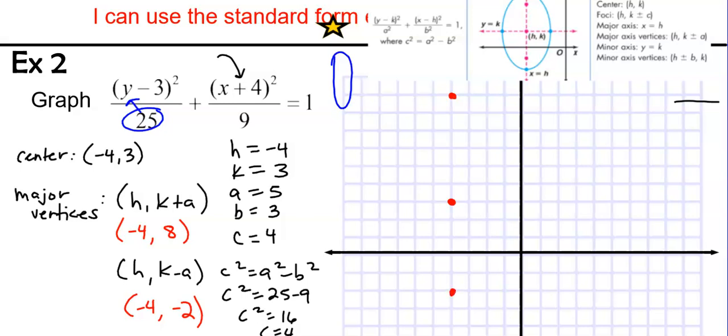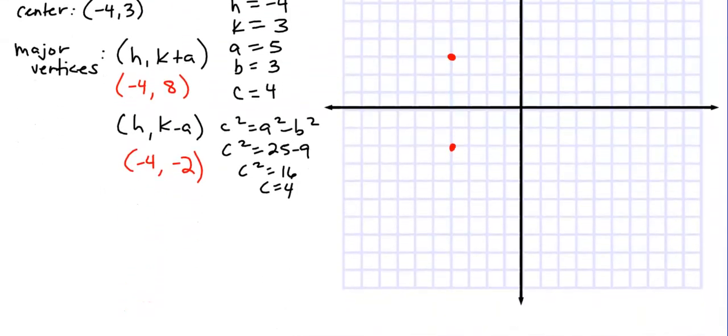And that should look symmetrical. If it doesn't, you did something wrong, I think, on mine. Yeah, I was off by 1. I counted around 8. So 3, 4, 5, 6, 7, 8. There we go. Yeah, that looks better. Looks symmetrical now. Okay. Now we can keep going with minor vertices.